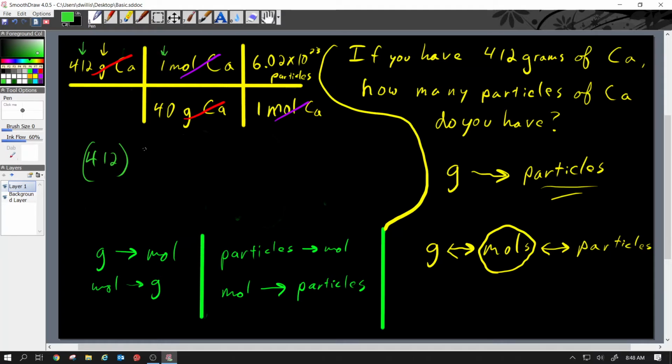Okay, you don't really have to put that part in your calculator. I just wanted you to see it. Times 6.02 times 10 to the 23rd. And all that's going to be divided by 40 times 1.